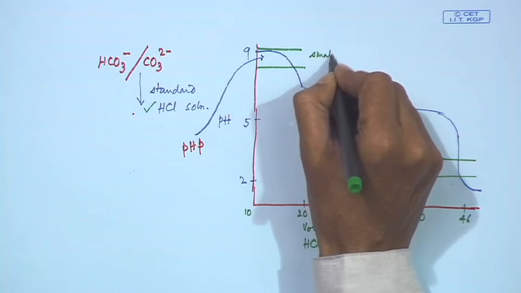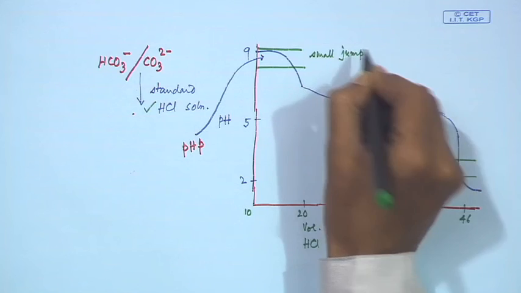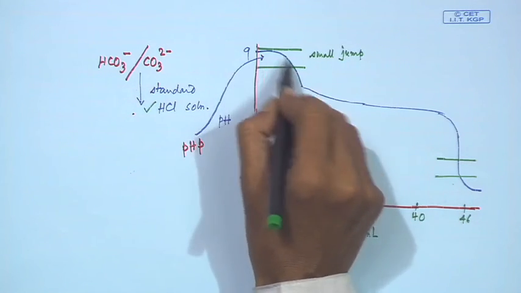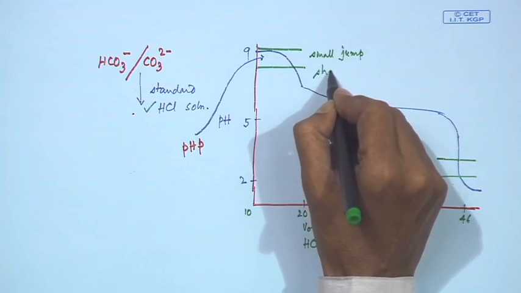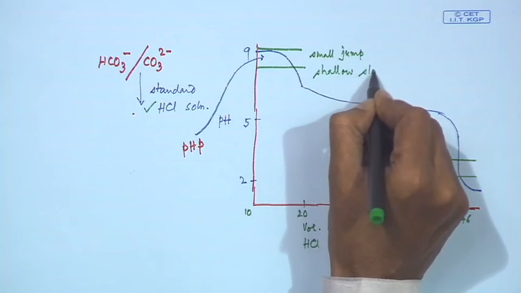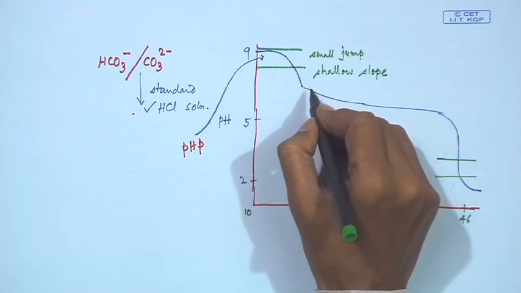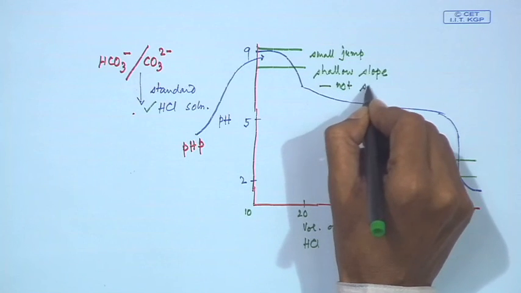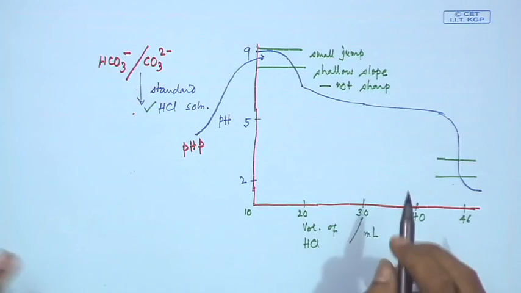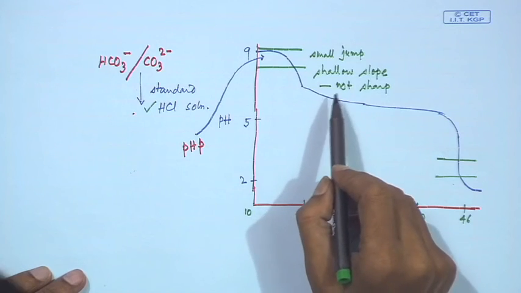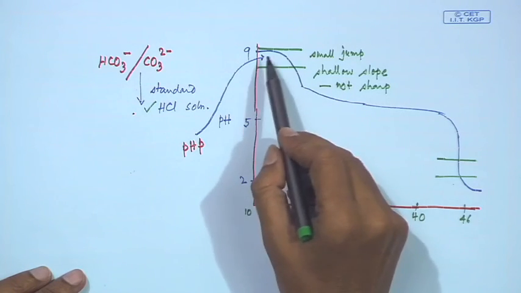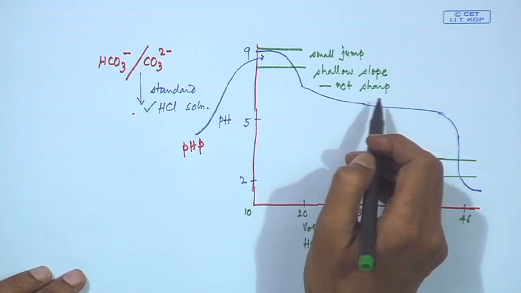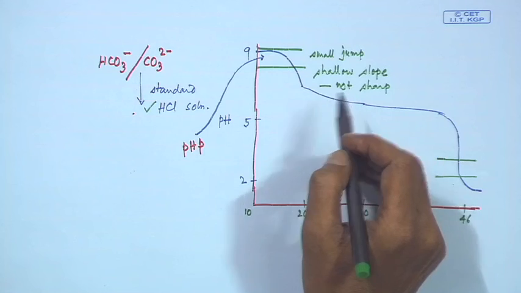So, you have a small jump for this pH change, and so you have a shallow slope. Therefore, the detection of that point is not sharp, but we can detect it anyhow in this range. If no other indicator is available, we can use phenolphthalein to detect this endpoint.